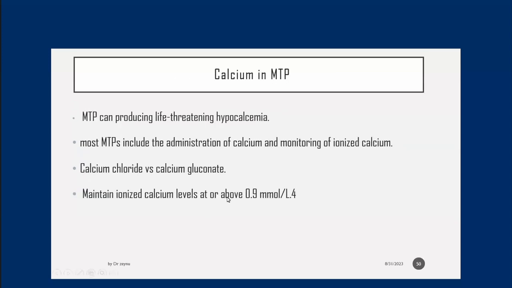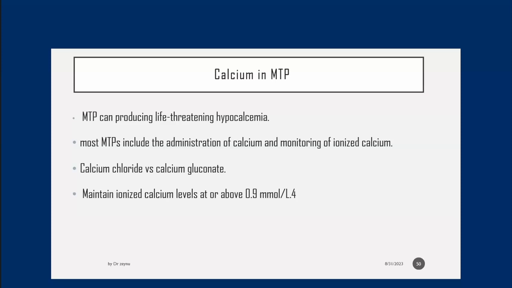So here, which agent is preferable, calcium chloride or calcium gluconate? For 3 units of blood transfusion, we can supplement 10 to 20 ml of 10% calcium gluconate or 2 to 5 ml of 10% calcium chloride. But which agent is preferable? As you know, calcium gluconate needs a well-perfused liver to liberate calcium from gluconate.